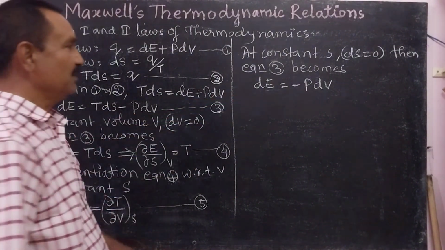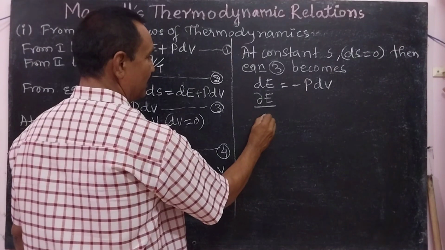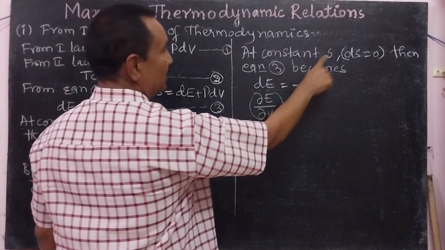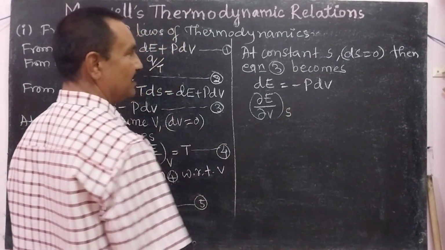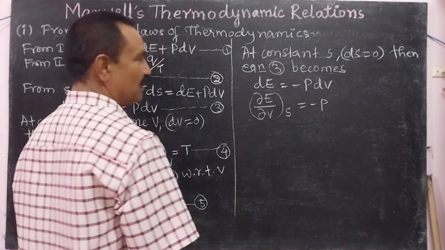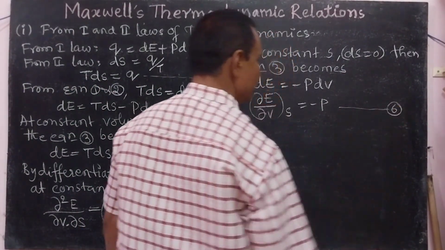On rearranging, we get dou E divided by dou V at constant S is equal to minus P. Suppose this is equation 6.